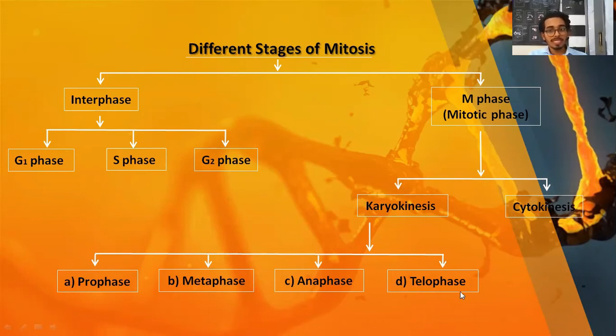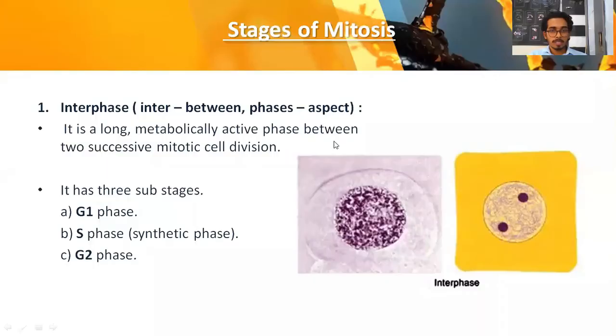Once the telophase gets over, the nuclear division within the cell is complete, and then it can enter the cytoplasmic division, wherein two daughter cells are formed at the end of mitosis. So this is how one mitotic cell divides into two daughter cells. Clear? So let us study each phase step by step.